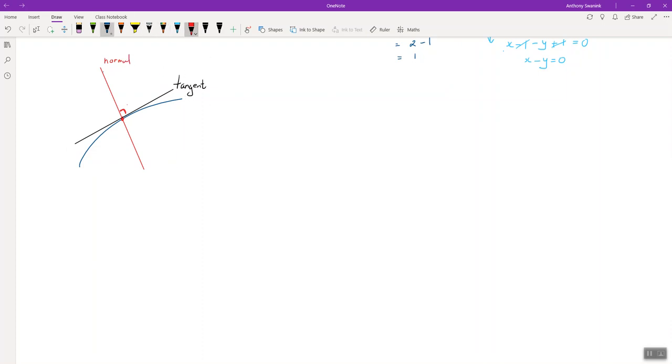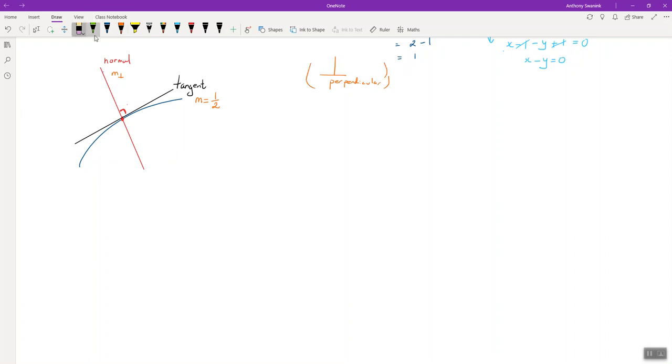If we got some values for the gradient, let's say that the gradient of this tangent was equal to a half. Now what you'd find for the normal, and you just have to believe me that this would be true, is that the gradient of the normal, and I'm going to indicate that with an upside down t, and that upside down t means perpendicular to, i.e. at right angles to each other.